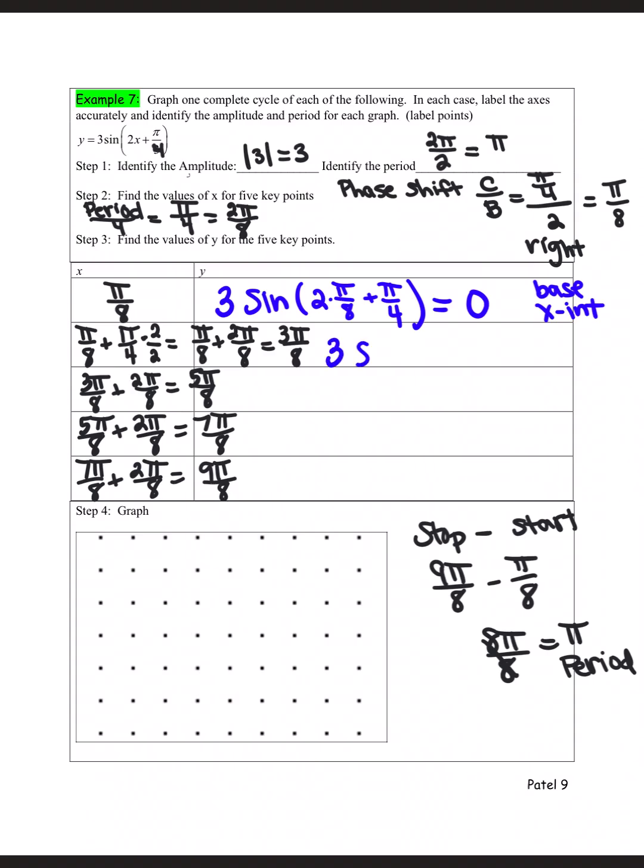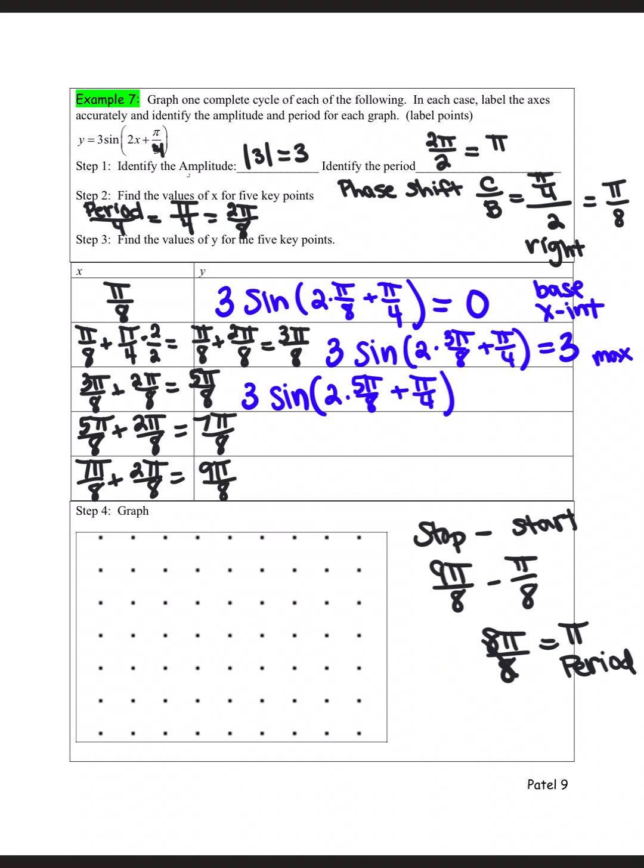The next value, 3 sine of 2 times 3 pi over 8 plus pi over 4. That will give me the max, which is 3. The next value, 3 sine of 2 times 5 pi over 8 plus pi over 4. That will give me 0, which goes back to the base. In this case, that's my x-intercept again.